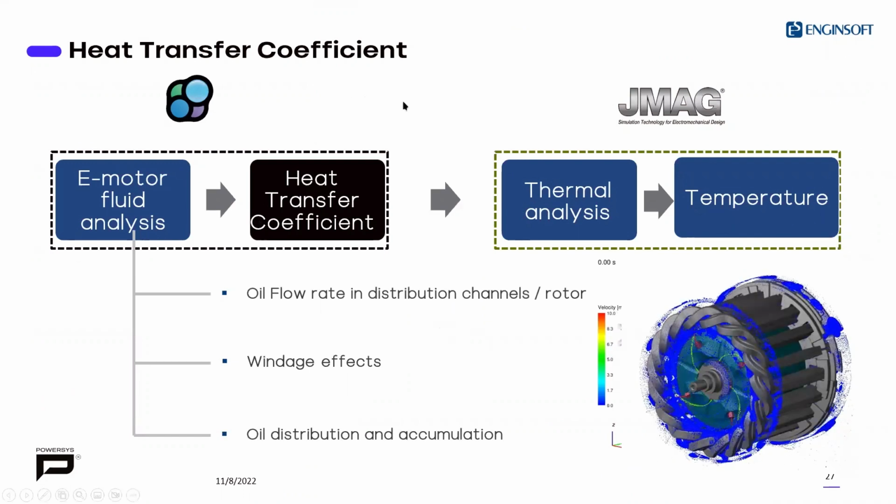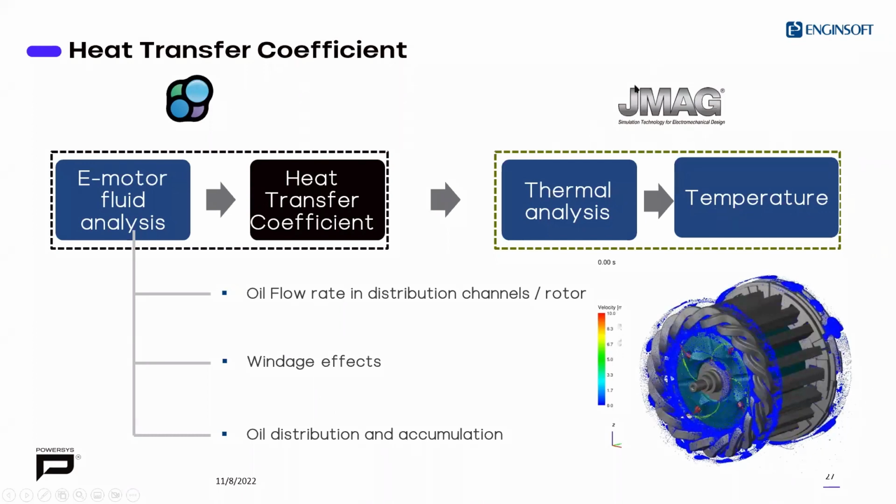During this project, they used Particleworks in order to simulate the oil flow and extract the HTC coefficient distribution based on the oil distribution. And this HTC can be used in thermal analysis for temperature calculation.